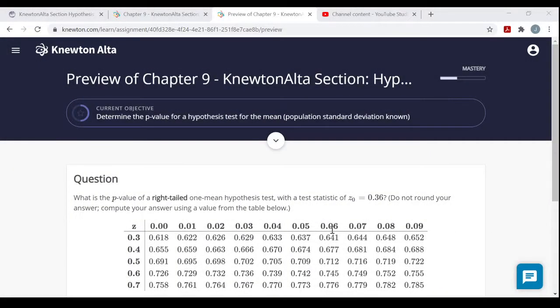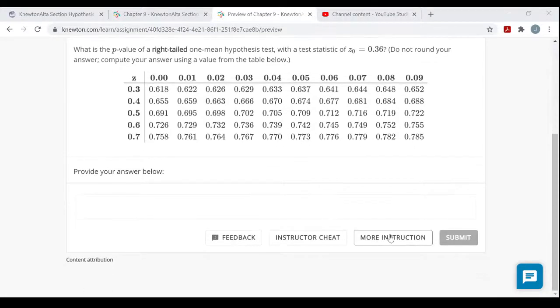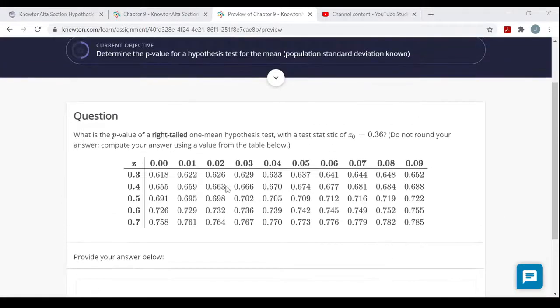Alright, so here's the question. Again, if you want to see some more instruction, please click on the More Instruction button, look at their videos, their notes, their examples, and hopefully they help you out. So we're asked simply, what is the p-value of a right-tailed one-mean hypothesis test? They give us the test statistic, so we're not given any samples or hypotheses.